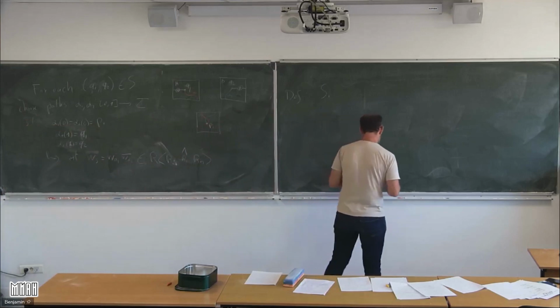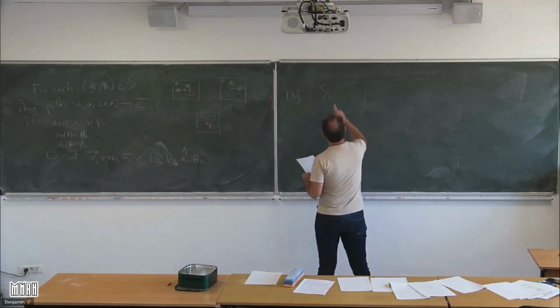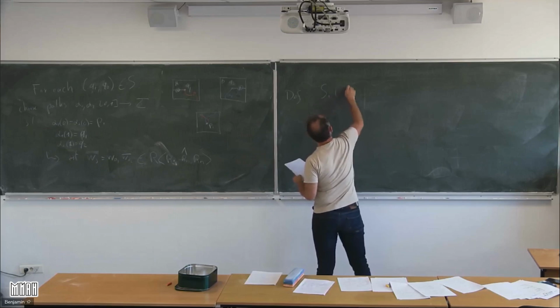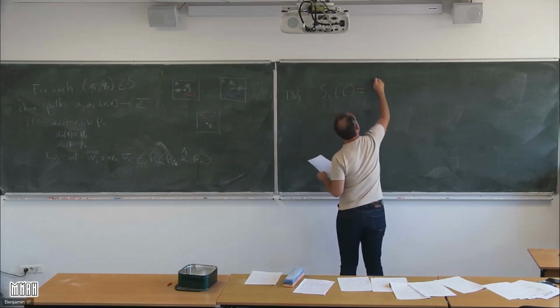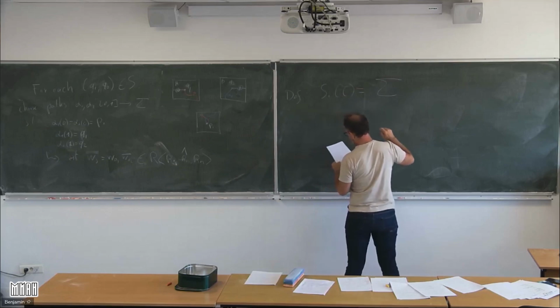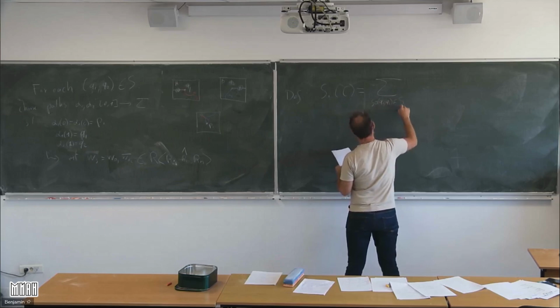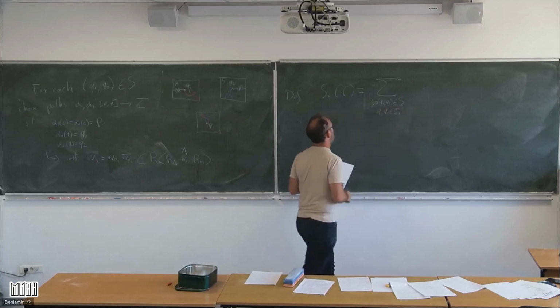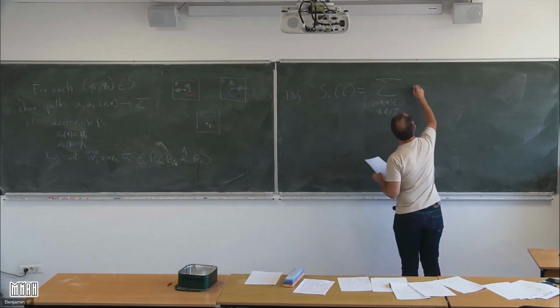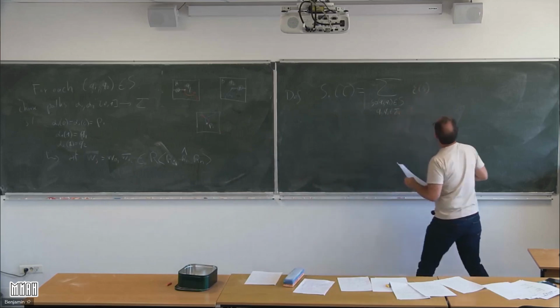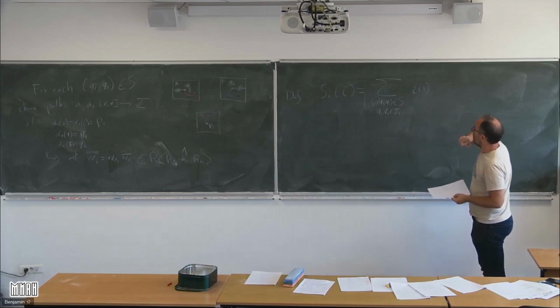Okay, this will help. So now SE of C is just defined as the sum for every paired singular points such that the two elements are on the component sigma E of a sign associated to the double point.